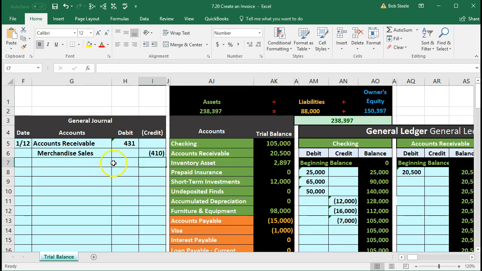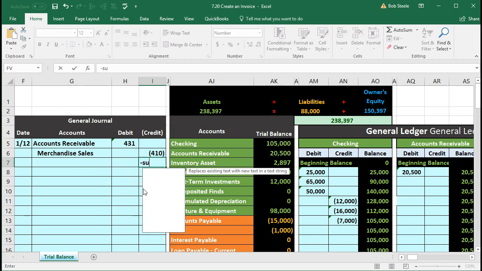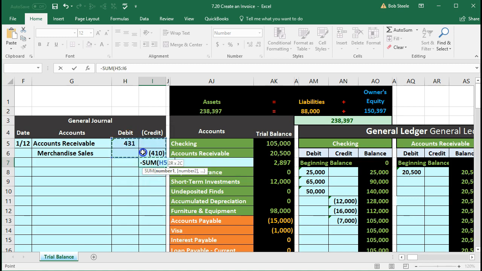So I'm going to go ahead and put that here. I'm going to use our plug formula, which is the negative SUM. I'm going to sum up with a negative, meaning I want to sum these, from H5 colon I6, and then flip the sign. So we could just put in a negative 21 there if you want, or we can use that formula. I think that formula is useful.